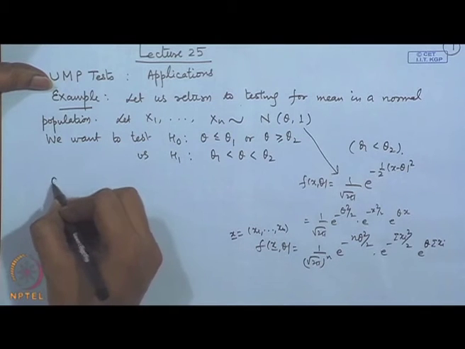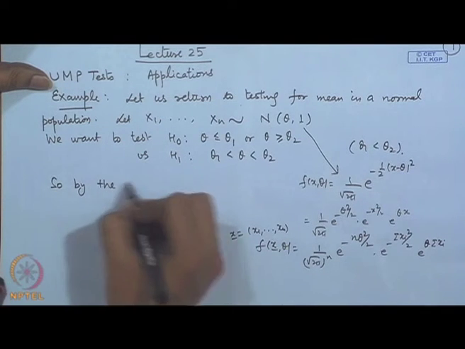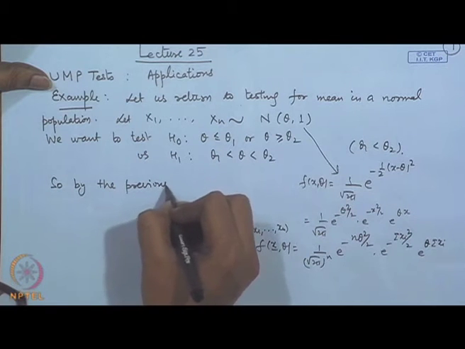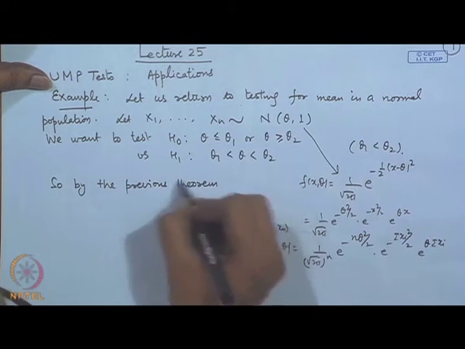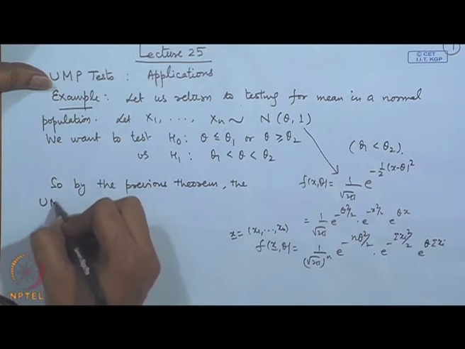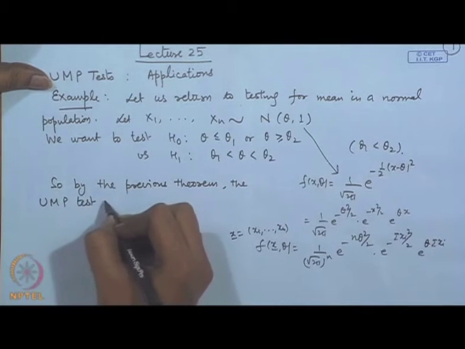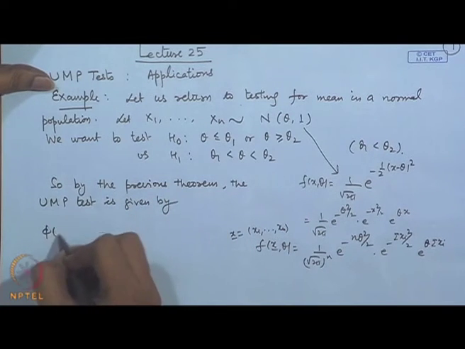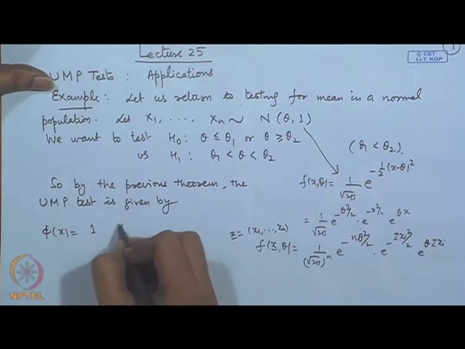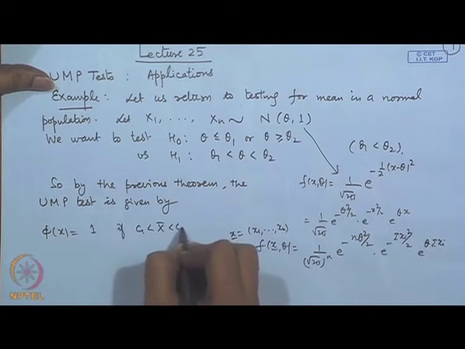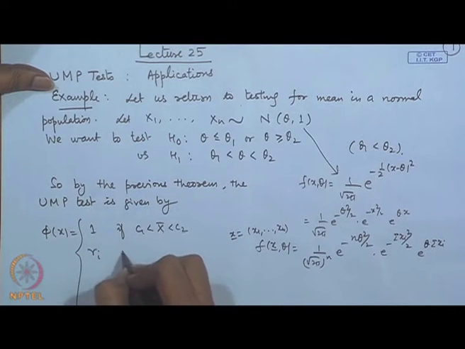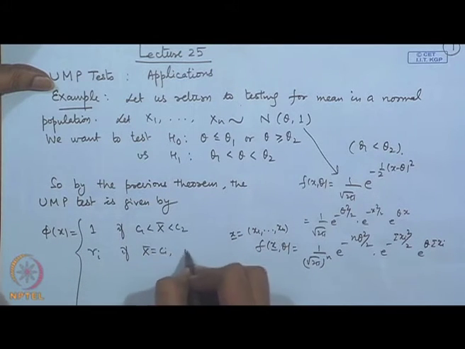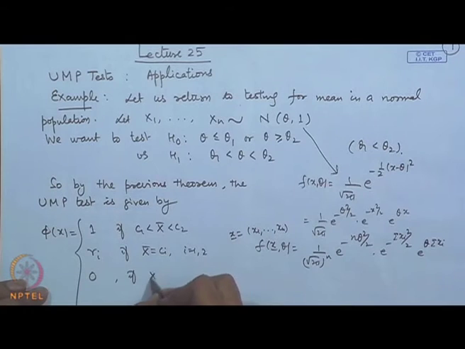So, by the previous theorem, the UMP test is given by phi(x) equal to 1 if C 1 is less than x bar less than C 2. It is gamma i if x bar is equal to C i, i equal to 1, 2. It is equal to 0 if x bar is less than C 1 or x bar is greater than C 2.